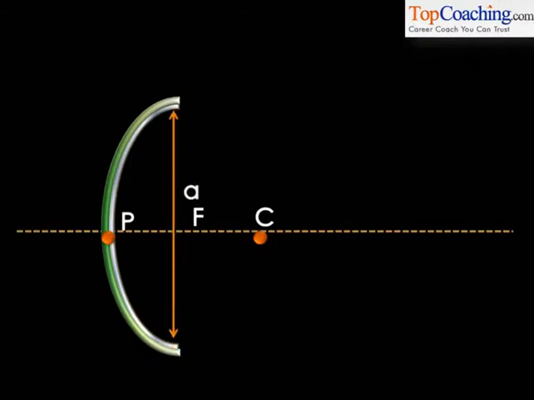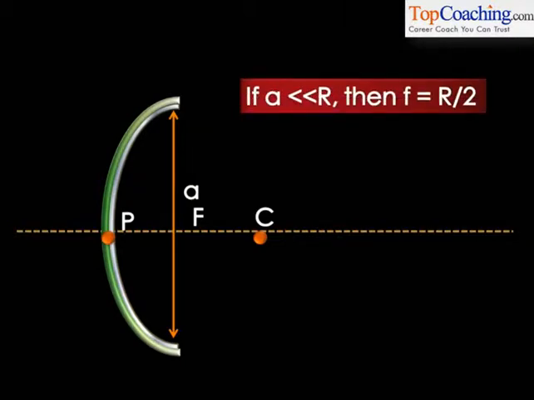You see, the distance between the top part of the mirror and the bottom part of the mirror, this vertical distance, is called the aperture of a mirror. Understood? Now, if the aperture of a mirror is very small compared to the radius of curvature of the mirror, that is, if A here is very small compared to PC, in that case, scientists have found out that PF, the focal length of the concave mirror or the convex mirror, will be half of the radius of curvature.